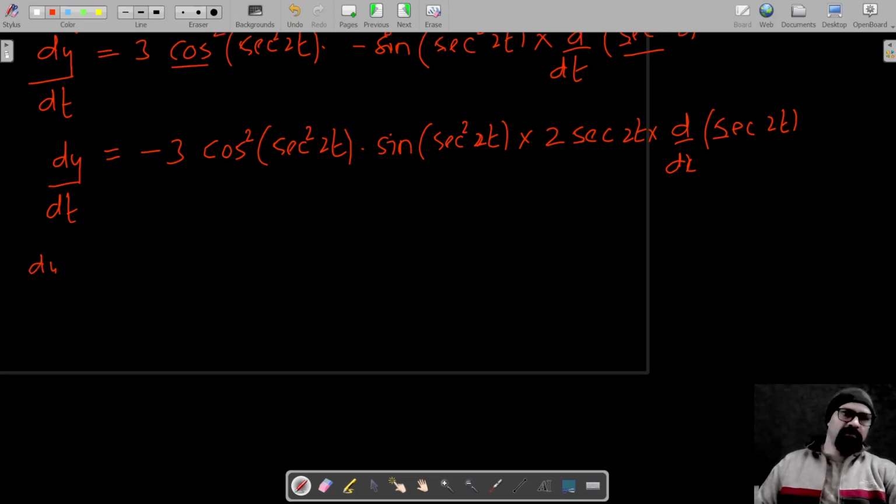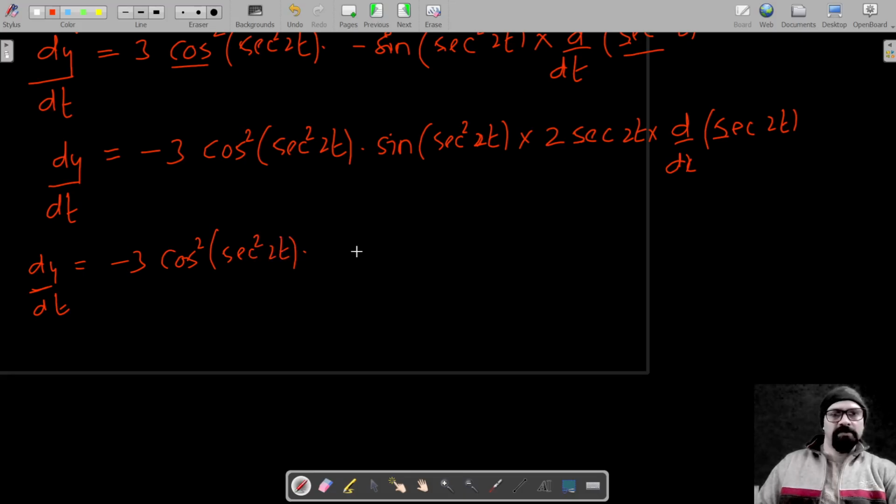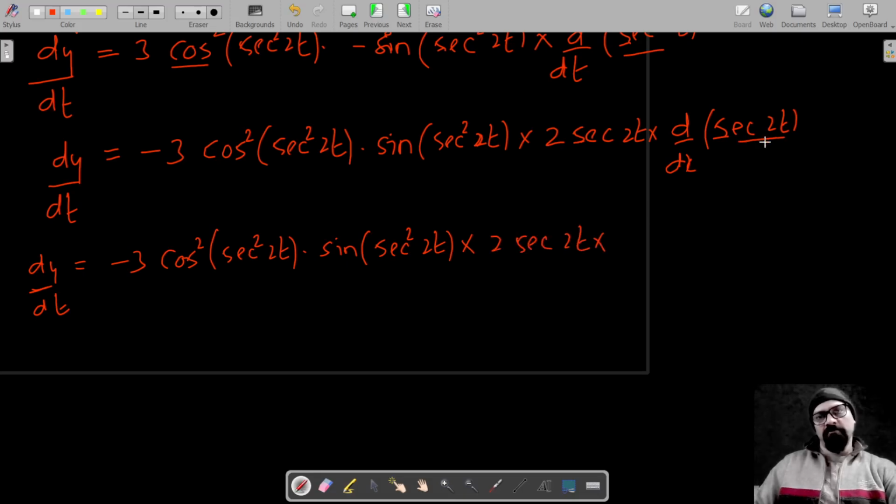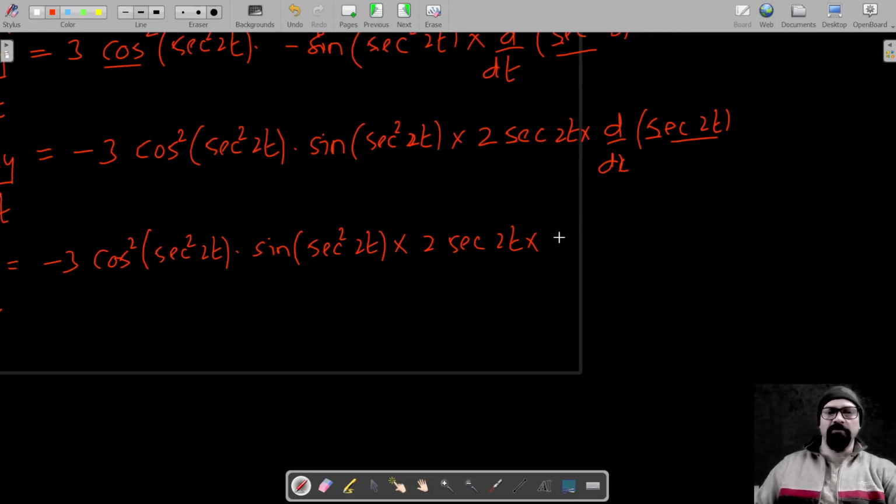So this is dy by dt is equal to negative 3 cos square secant square 2t into sine of secant square 2t into 2 secant 2t. Now differentiation of secant x is secant x into tan x. So this is secant x into tan x, and differentiation of 2t, which is 2.